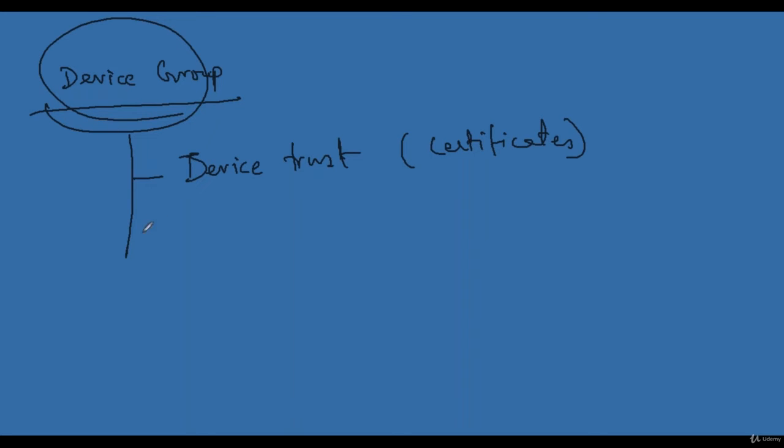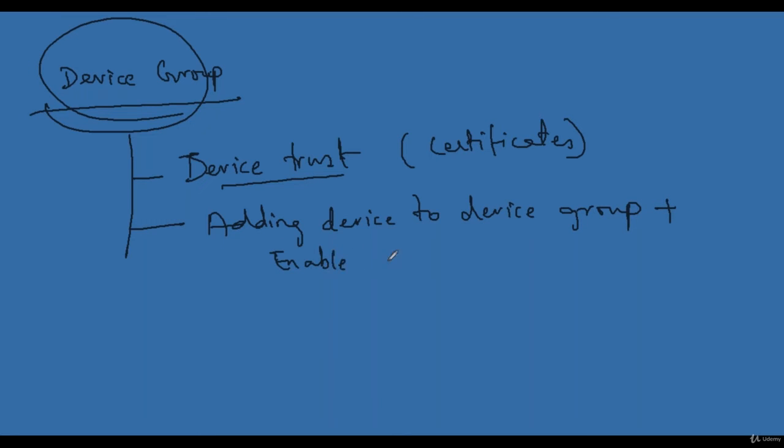The next phase is adding the ASM devices that are members of this device trust to a device group, and then we enable ASM synchronization with respect to that device group.